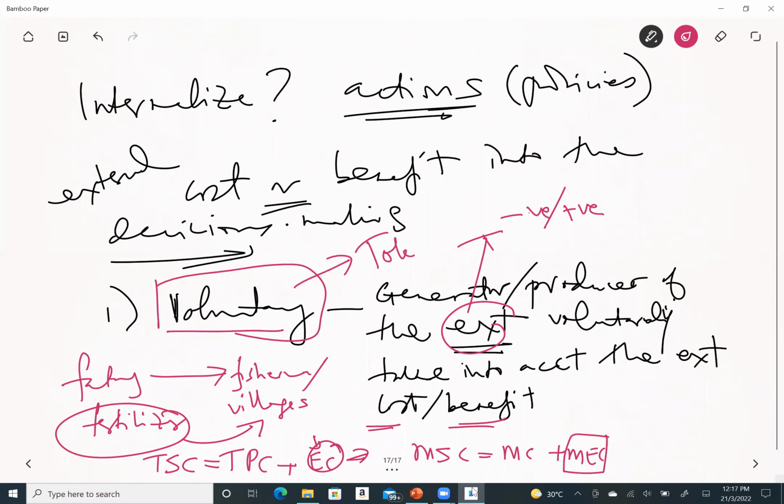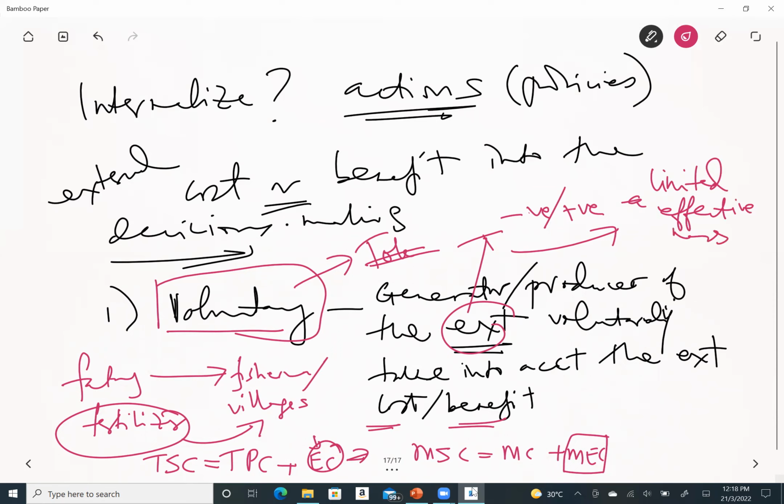Even though sometimes you can be very religious, very pious, go to the mosque, but when you do business, sometimes we don't consider the external cost. Okay, so voluntary has limited effectiveness. To me, limited effectiveness.